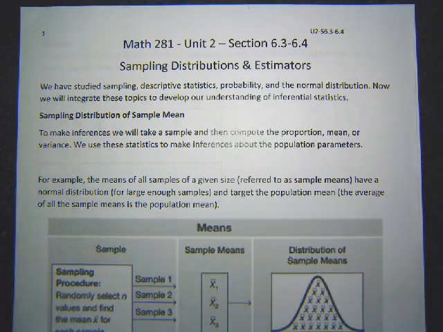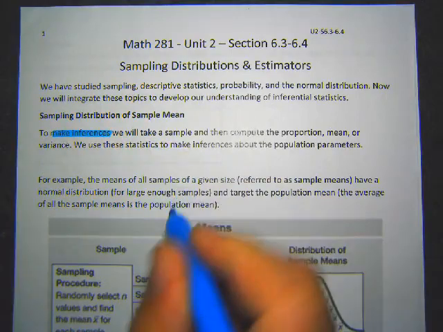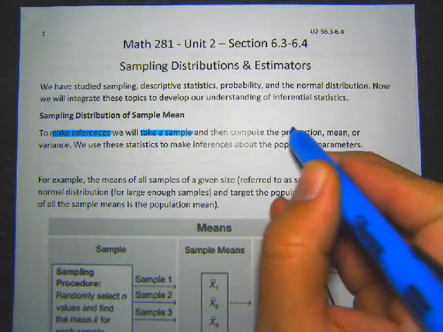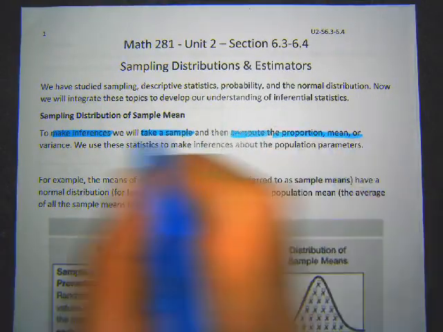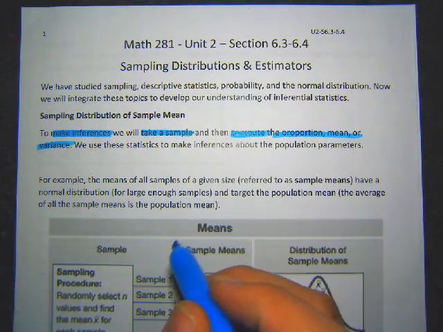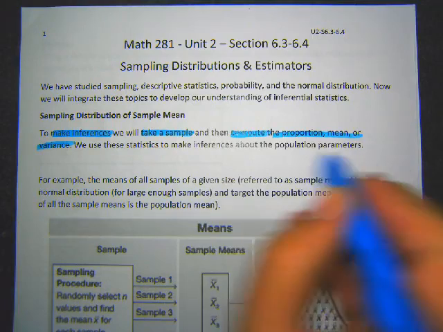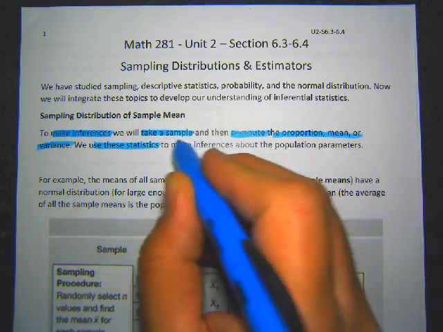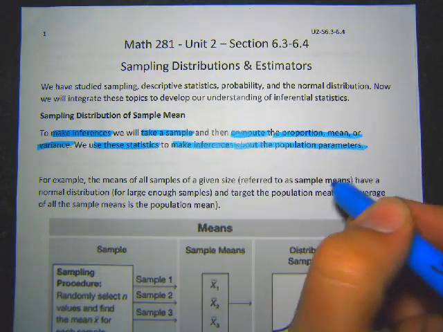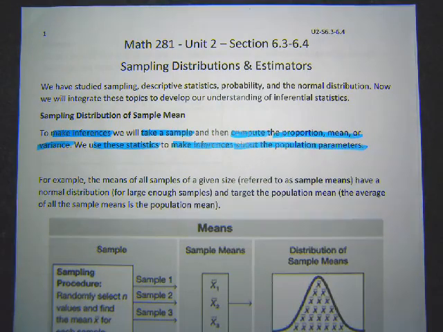That's the idea. We take a sample, compute values like the proportion, mean, or variance, because that's usually what we'll make inferences about, and then make an inference about the population. We use the statistics to make inferences about the population. That's the goal. That's where we want to get to.